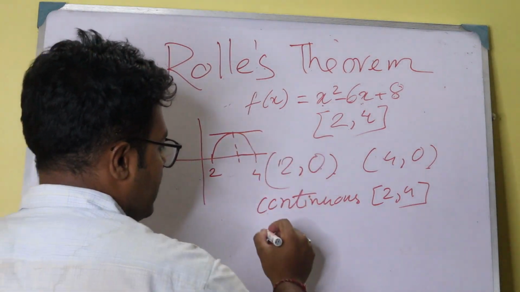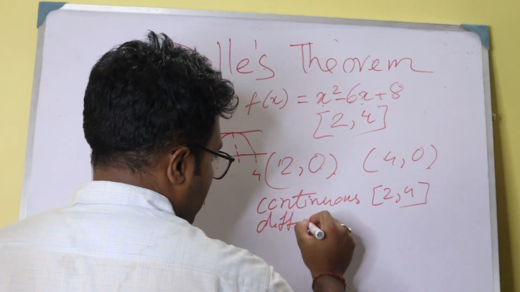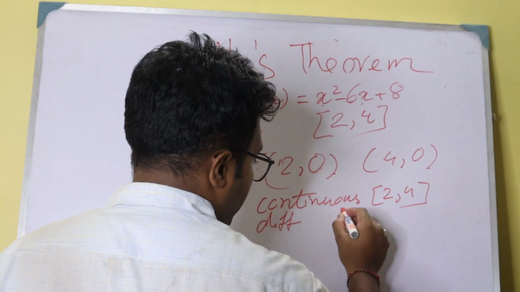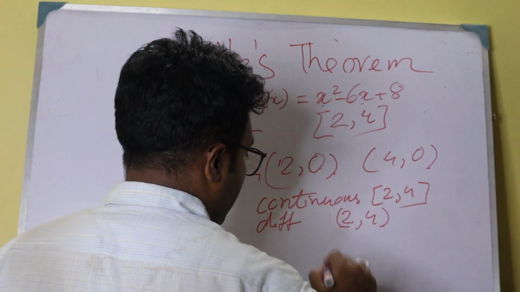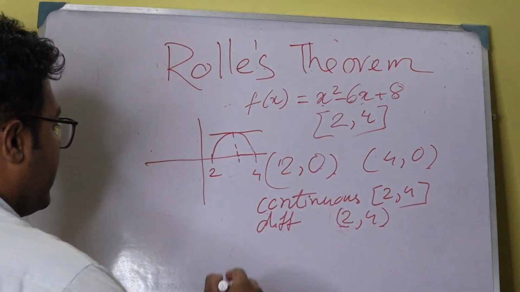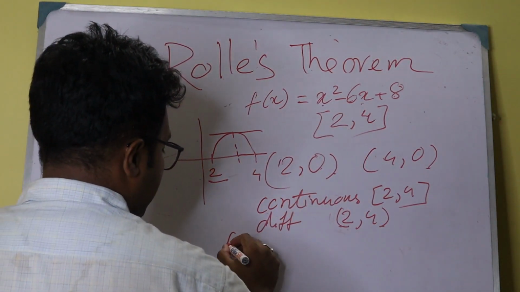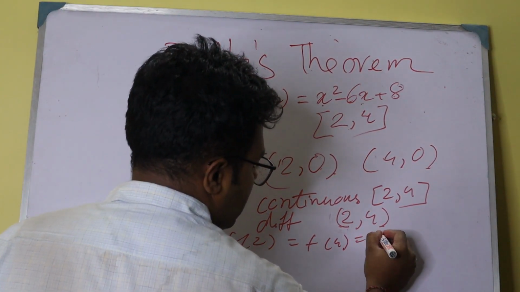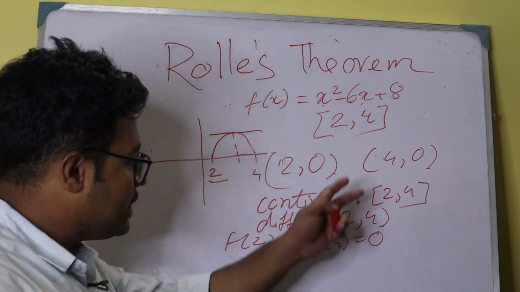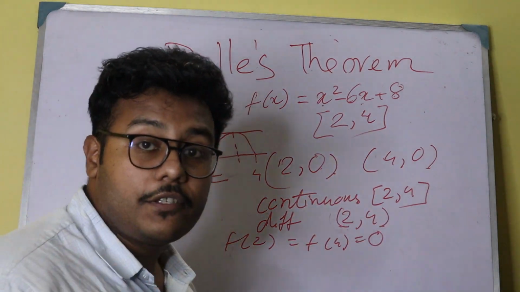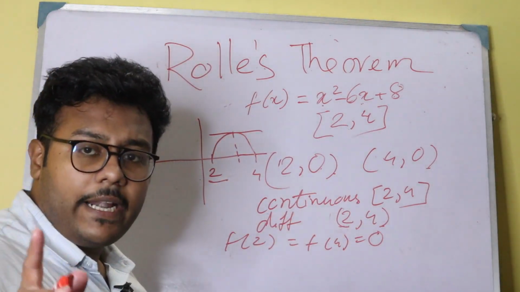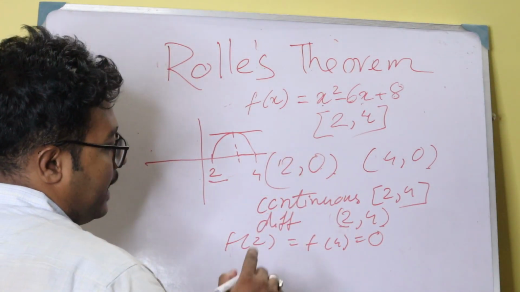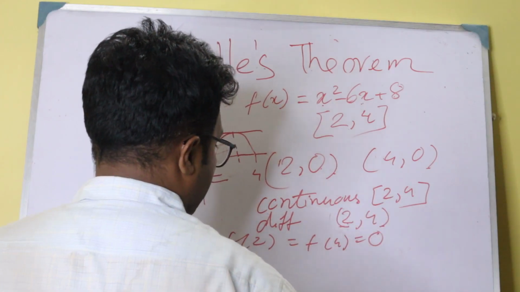It is also differentiable in the open interval 2, 4, and see, f of 2 is equal to f of 4, which is equal to 0. Now these three conditions are satisfied, so there will exist one point at which f dash of x will be equal to 0, and that point will be within 2 and 4.